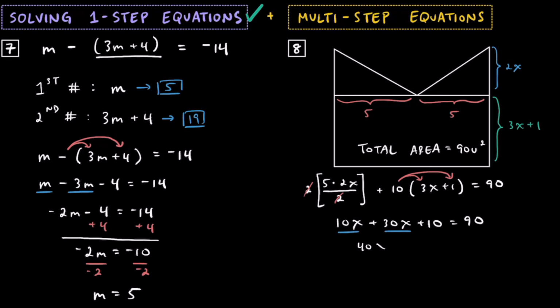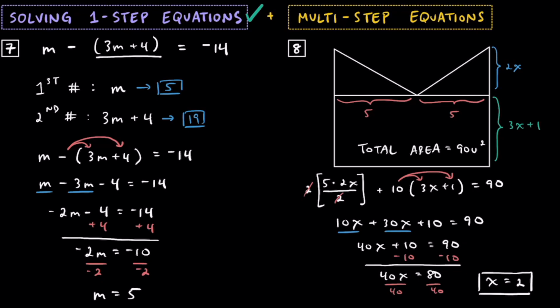So 40x plus 10 is going to be equal to 90. Now we can take away 10 from both sides of the equation. So we get 40x is equal to 80. And then we can divide by 40 and divide by 40. And we can say finally that x is equal to 2. That would be our answer.